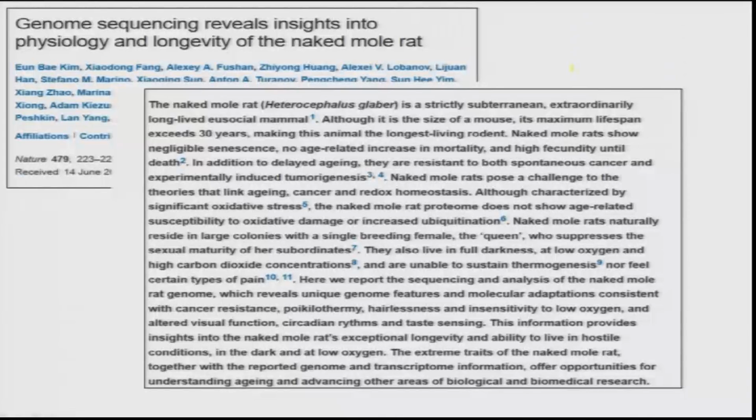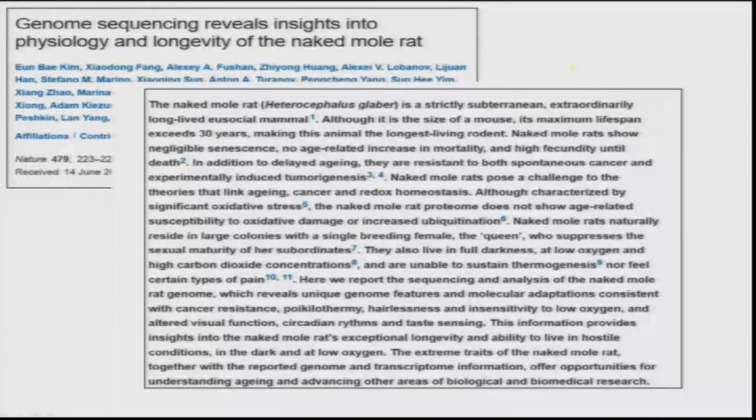Nothing happens here. Naked mole rats naturally reside in large colonies with a single breeding female, the queen, very similar to what you see in honeybees, who suppresses the sexual maturity of her subordinates. Therefore, she remains the main female who is reproducing. They also live in full darkness at low oxygen and high carbon dioxide concentration because they live in burrows, and are unable to sustain thermogenesis nor feel certain types of pain.